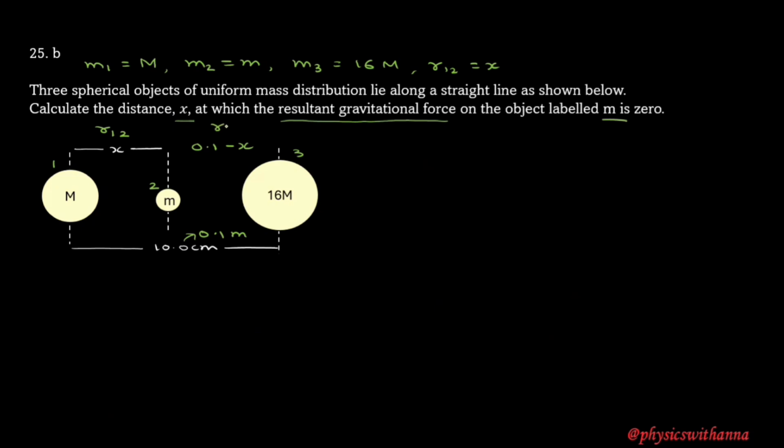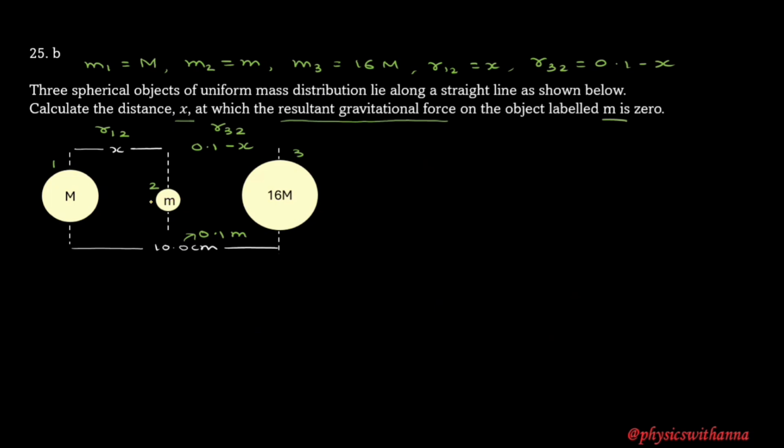We will call this distance R32. We need to find at what distance x we must place mass 2 such that the resultant gravitational force acting on it is equal to 0.